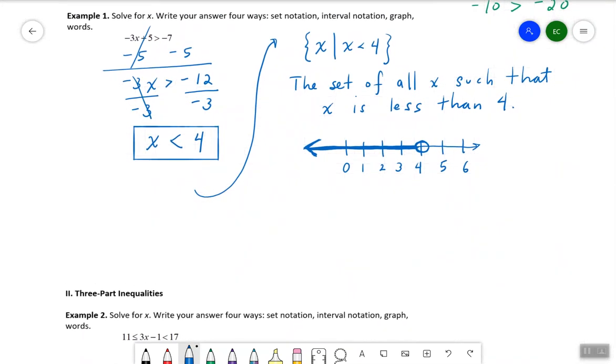And then another way, which is pretty important, I'll take the time to go ahead and make this number line again. Bear with me.